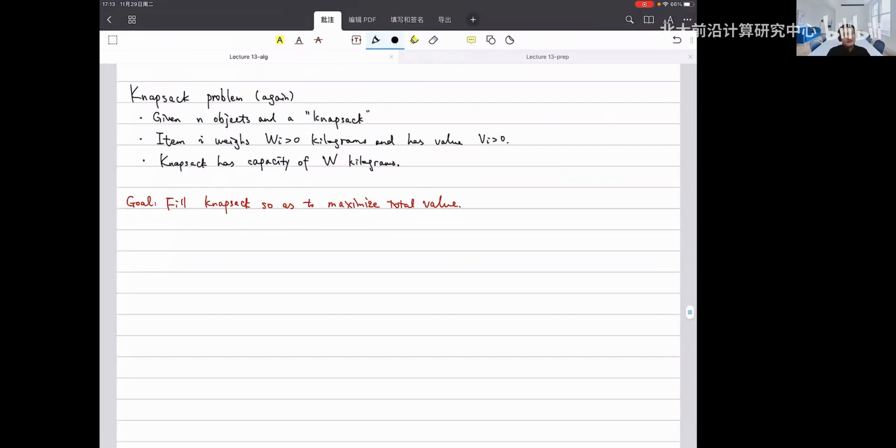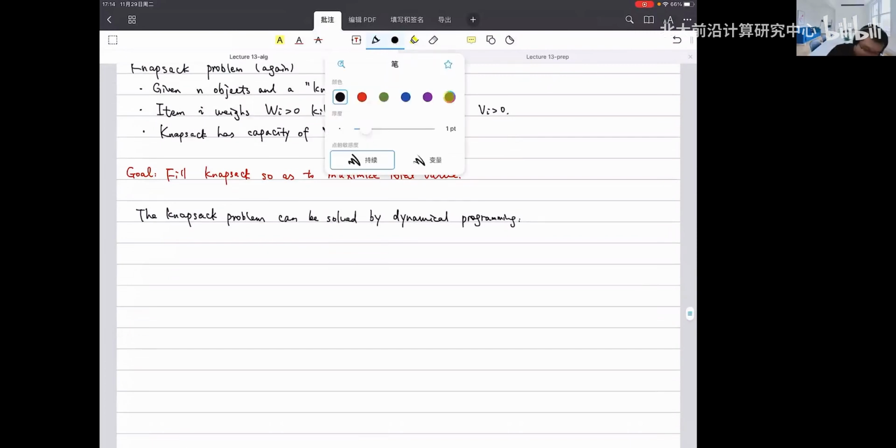Okay, so this is a problem that we are actually quite familiar with. We know that when we talked about dynamic programming, the knapsack problem can be solved by dynamic programming. So in particular, how do we achieve that?